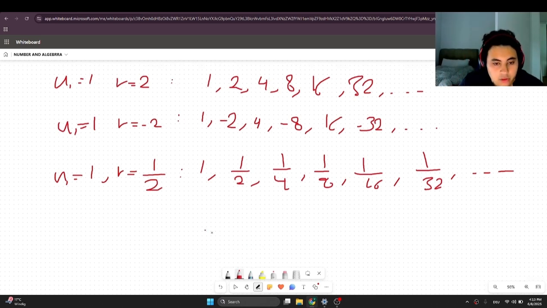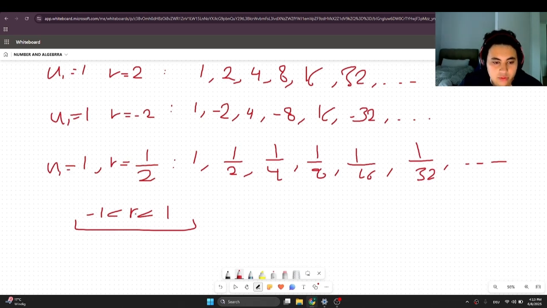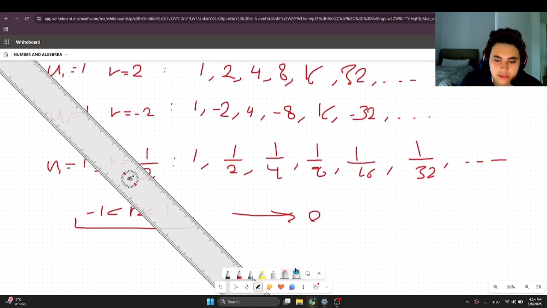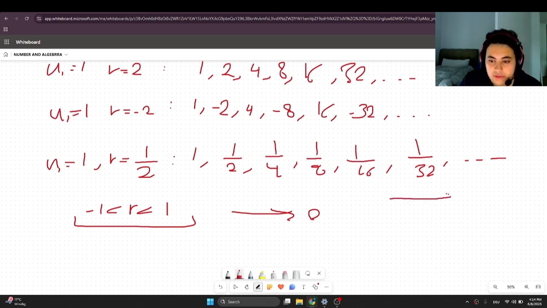So when you have an r that is greater than negative 1 but less than 1, so it's between negative 1 and 1, then your sequence is always going to be approaching 0. That's not a great way to draw it. If r is between negative 1 and 1, your sequence is going to infinitely approach 0, not reach 0, sorry.